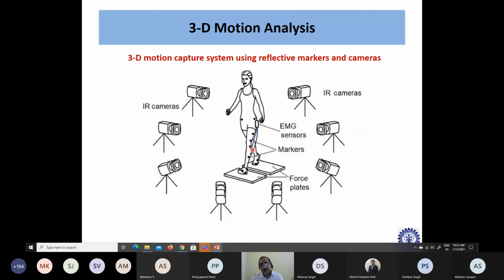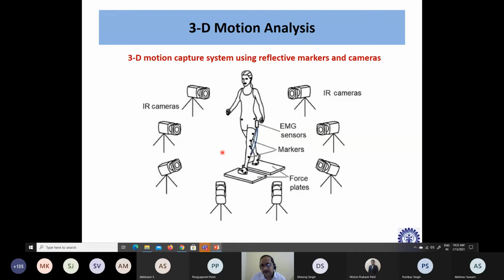These are fixed temporarily, of course, on the human body, and these are points that represent the lower segment of the body. There are also EMG sensors which can directly measure the muscle forces. There is also a set of cameras. The more the number of cameras, the better the accuracy of the data acquisition system.